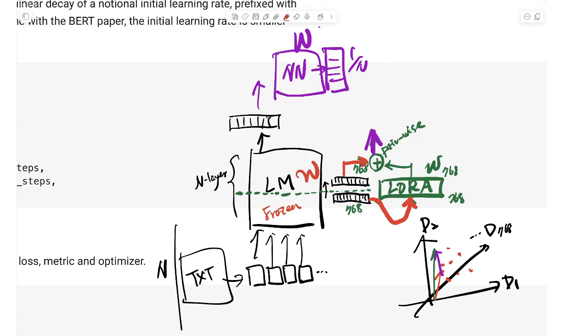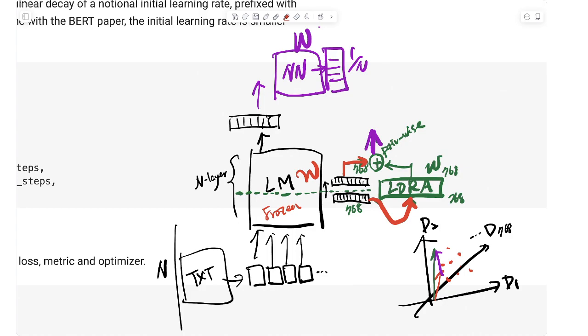And in order to train this green LoRA model, the red language model weight will not be changed because it is frozen. But in order to train this green LoRA, you still need to design your downstream task, which is the purple weight.